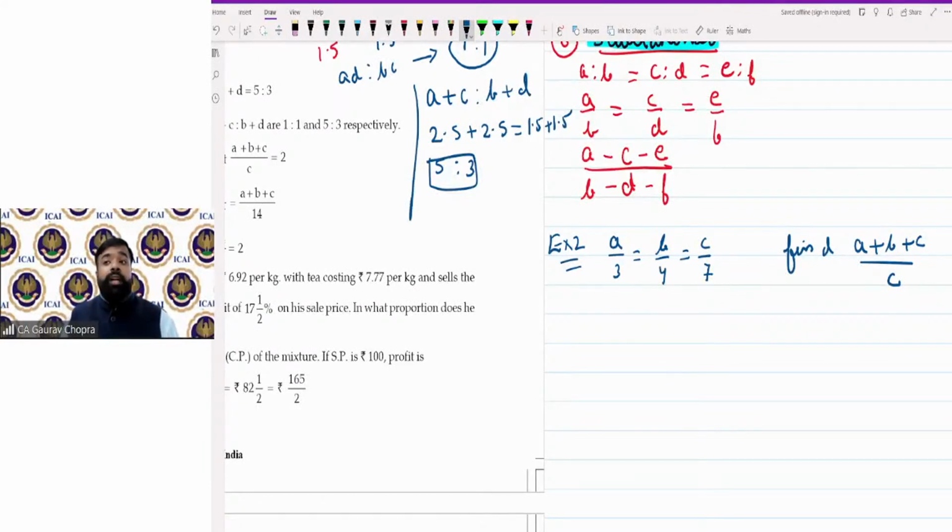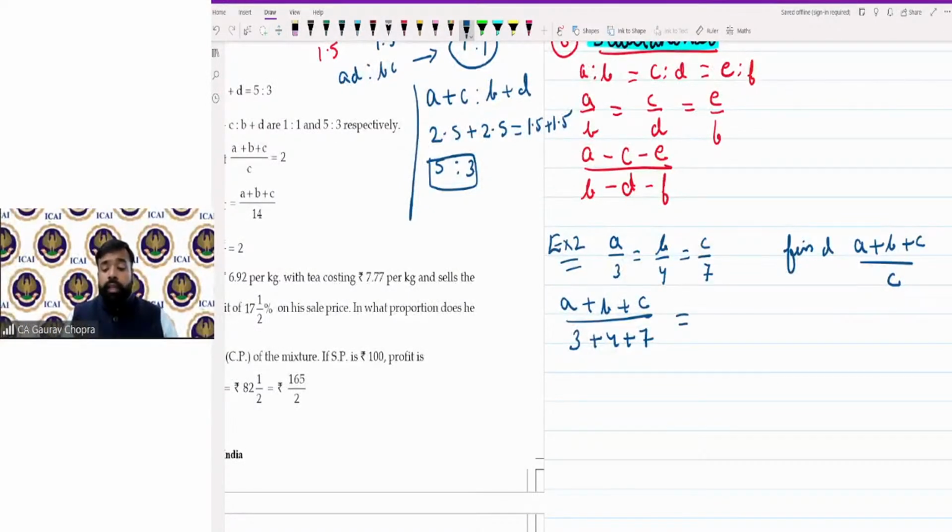We have to add all these three values, A plus B plus C. In which property do we add all the numerators? The property we have done is Addendo, where we add all the values. So we are adding them, A plus B plus C, and in the denominator we are getting 3 plus 4 plus 7.